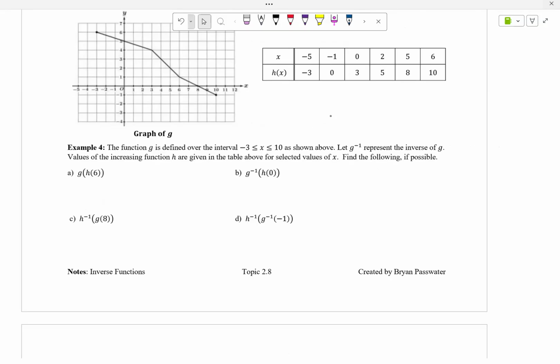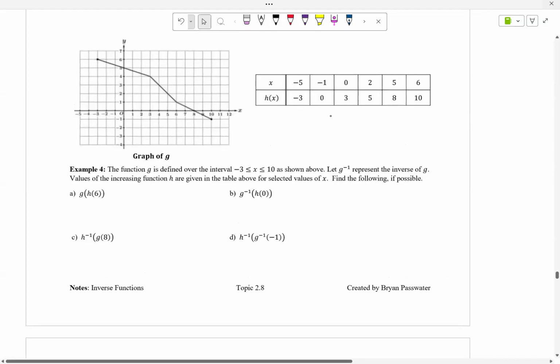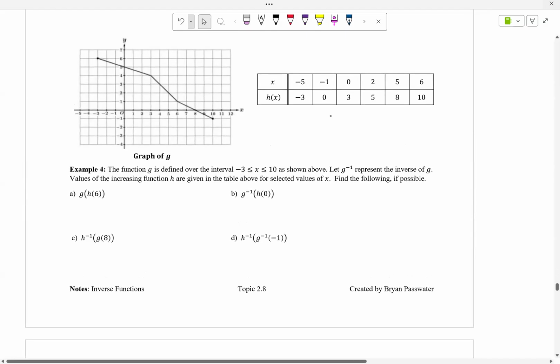I'll say 3. There's an interesting one. There actually is.